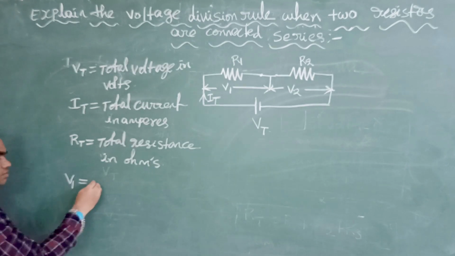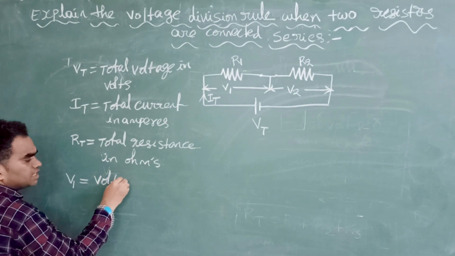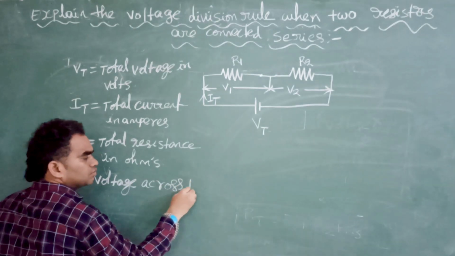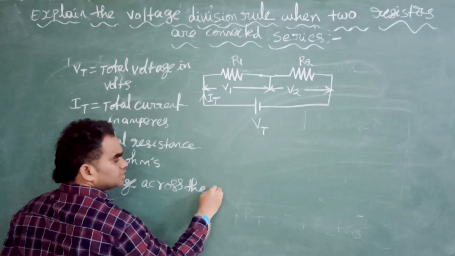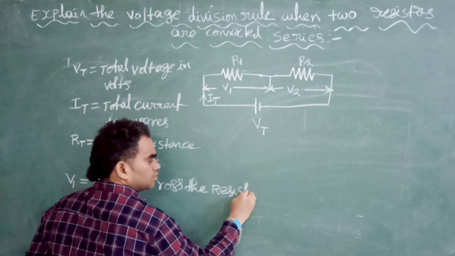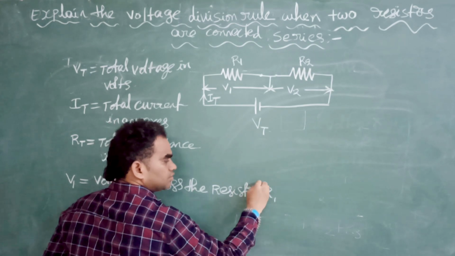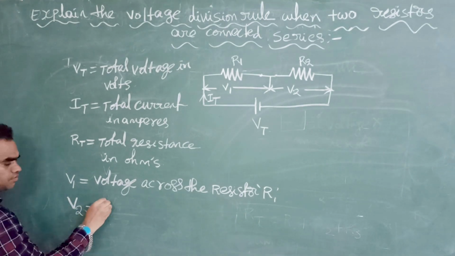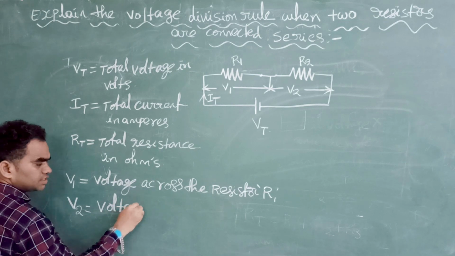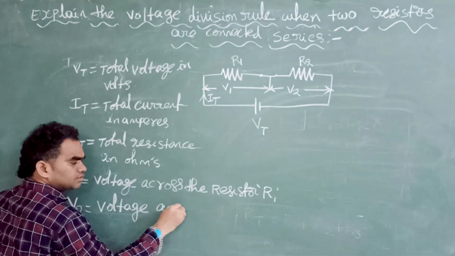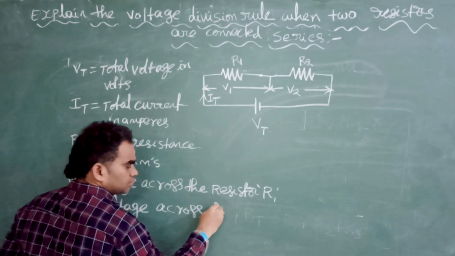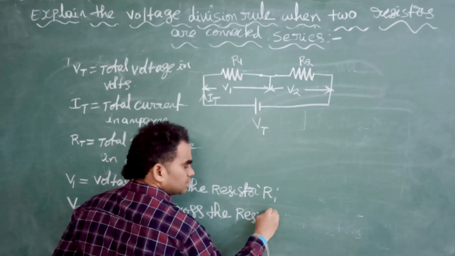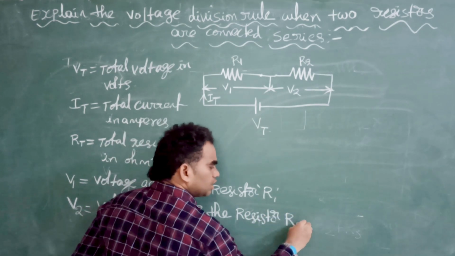V1 is equal to voltage across the resistor R1. V2 is equal to voltage across the resistor R2.